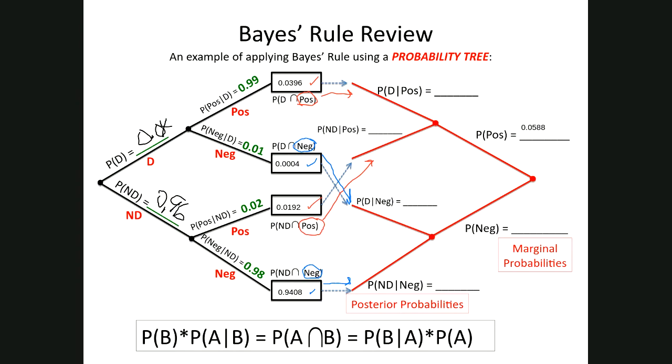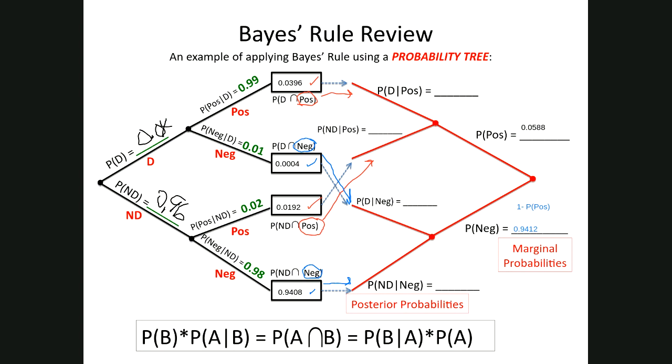It's going to be 1 minus the probability that there's a positive test, since there are only two outcomes, or when we add those two values together, we're going to find out that it's 0.9412.